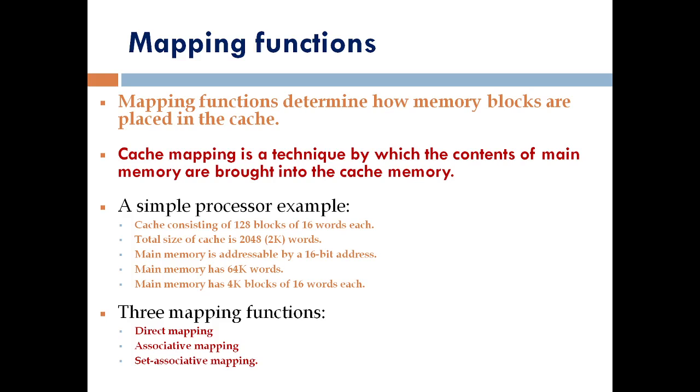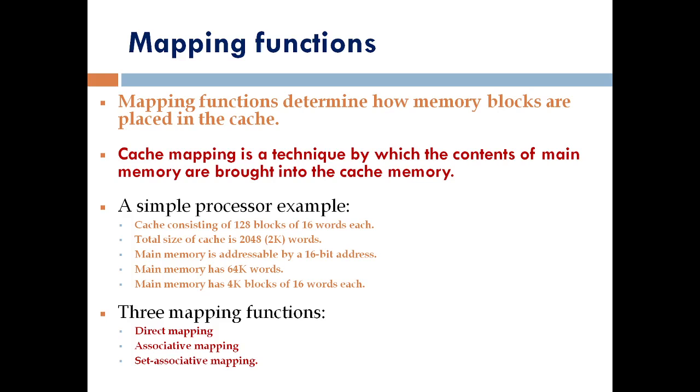Mapping functions determine how memory blocks are placed in the cache. As we discussed, the cache memory is a very small memory. So it will contain a small portion of the memory, not the entire storage of the main memory.